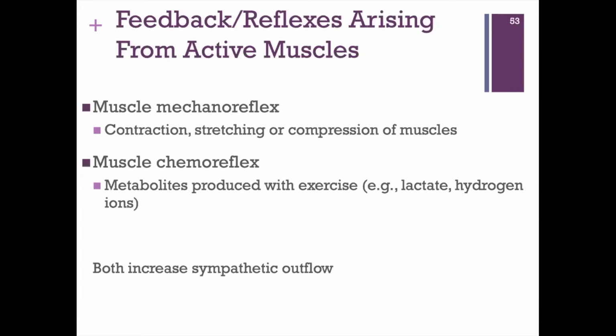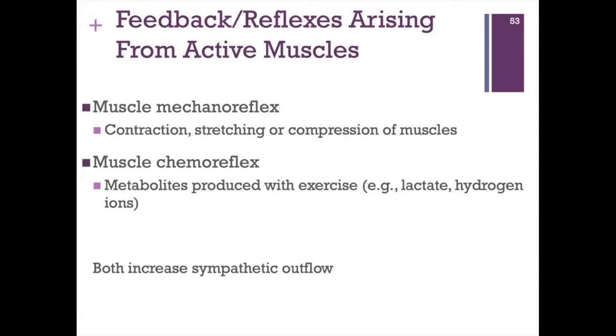So we have a couple of different reflexes. We had the baroreflex that will increase our blood pressure, our sympathetic activity, our heart rate, our cardiac output, all of those things, right? We also have what's called the muscle mechanoreflex and the muscle chemoreflex. So these are coming from the muscle itself.